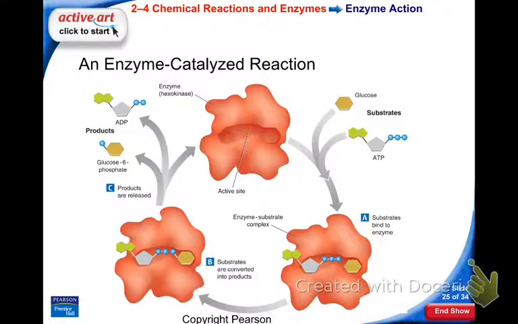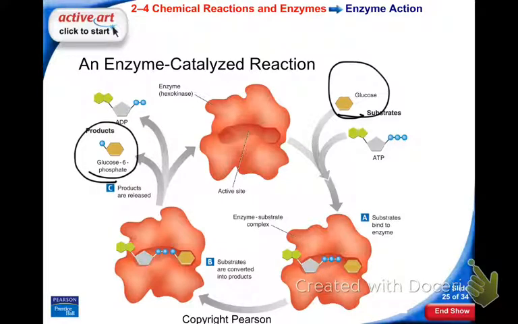So here's another example using glucose and energy to produce glucose 6-phosphate, a change here. Really understanding what it is that comes in and out is not important. What's important is understanding that what goes in has been changed. So notice what goes in is a glucose molecule, and what comes out is a glucose 6-phosphate.